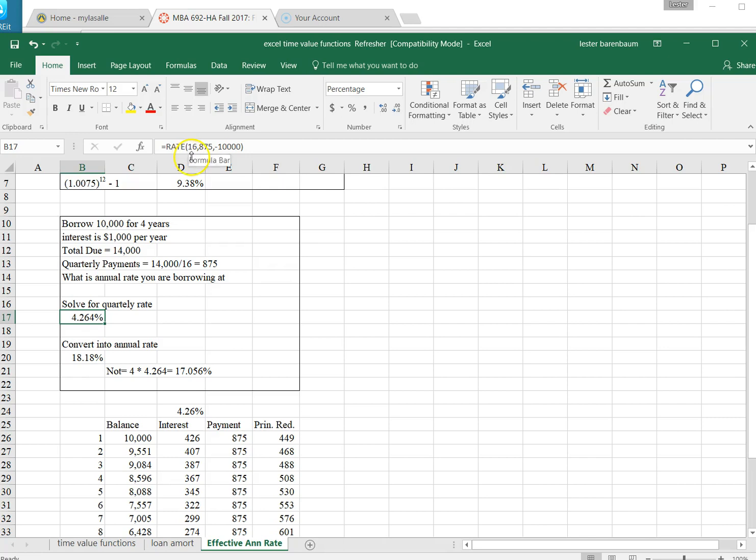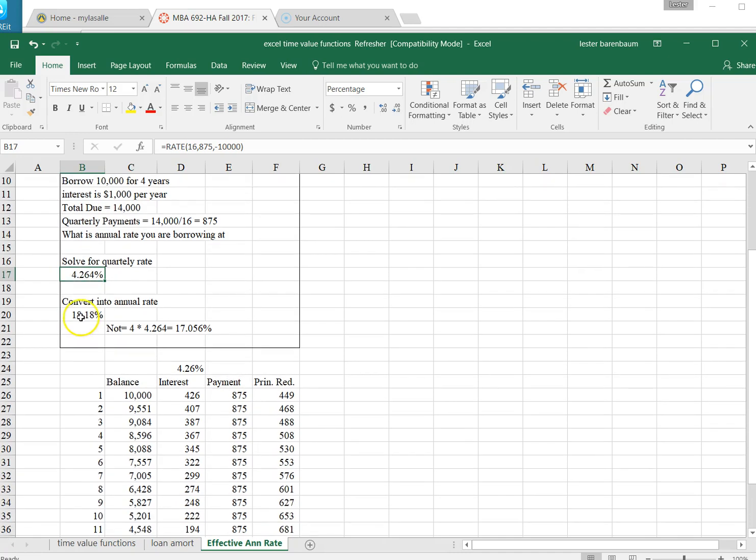Rate, 16 time periods. The payment is $875. The present value is a minus 10,000. So the quarterly rate is 4.264%. Converting this into an annual rate, take 1 plus 4.264%, because it's quarterly, raise it to the fourth, less 1 to turn it into a rate.